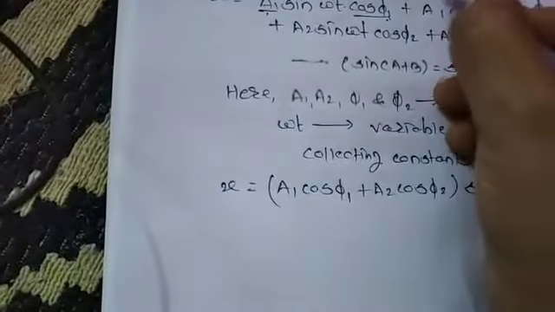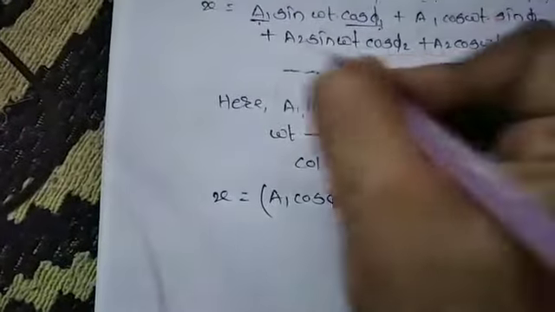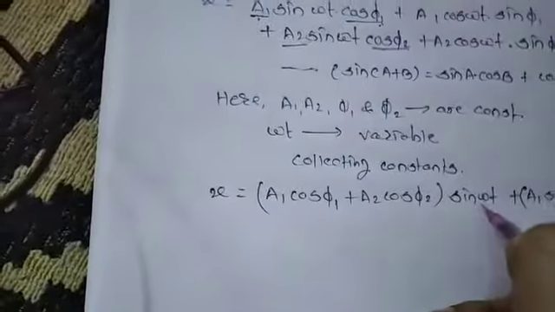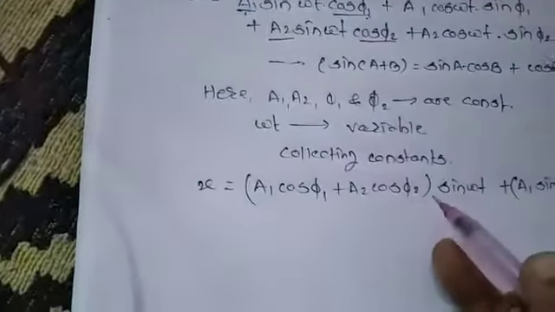What we have done here: sine omega t is common, and we have collected A1 cos of phi1 and A2 cos of phi2.